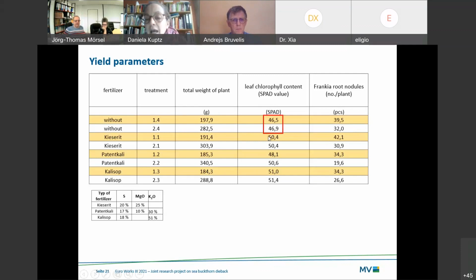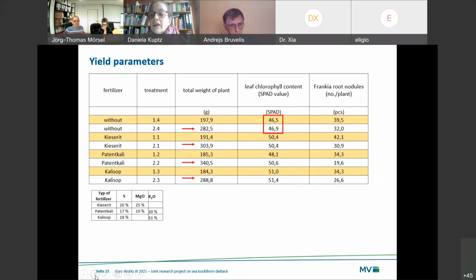Both soils without fertilizers show a very low chlorophyll content. The others all show a higher value. And the soil without Seabuckthorn before show bigger plants. They were growing better. They were doing a lot more biomass.